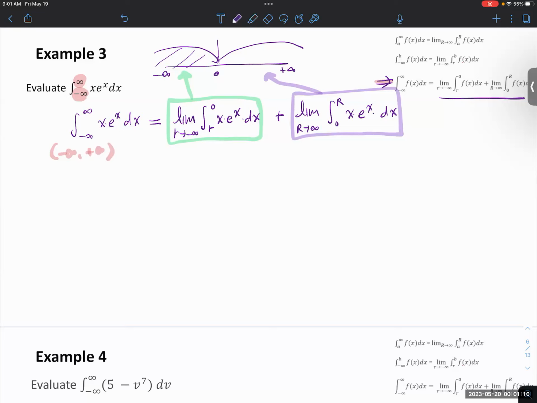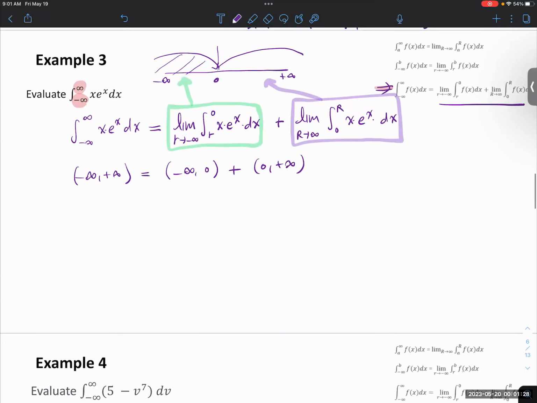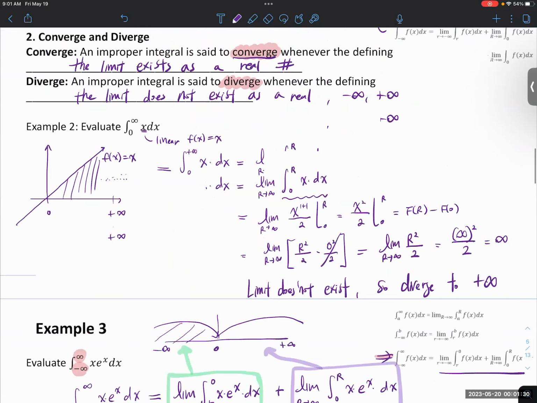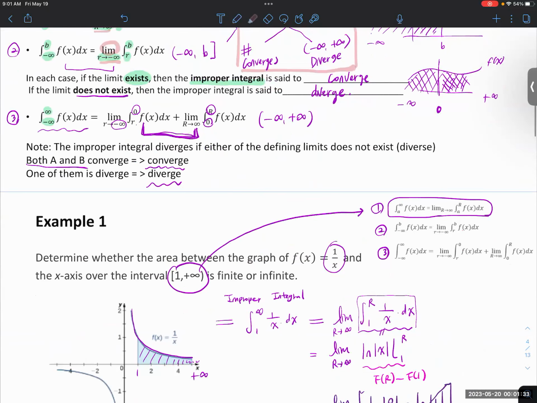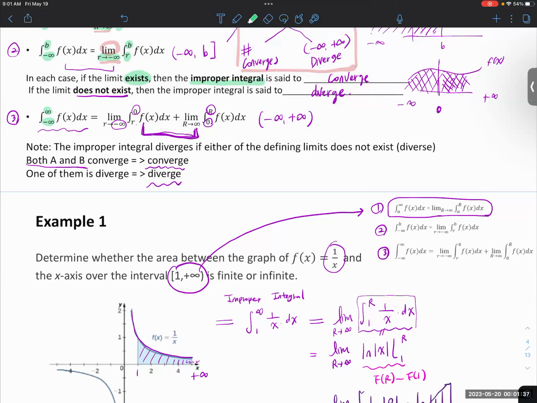So if you think about it, negative infinity to positive infinity area is the same as negative infinity to 0, adding 0 to positive infinity. Does it make sense? So we're going to work on this problem. If you remember, in the third case, if you want to find a convergent answer, both terms A and B should converge.